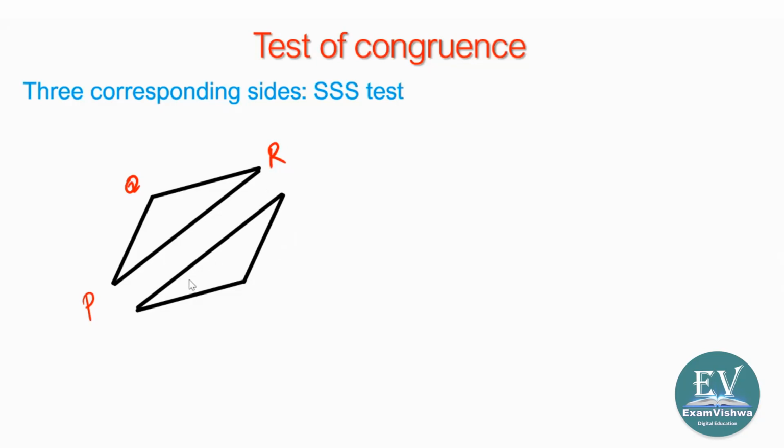PR, and if I write here X, Y, Z, I can say that P I made corresponding with X, Q is in correspondence with Y, and R is having correspondence with Z.